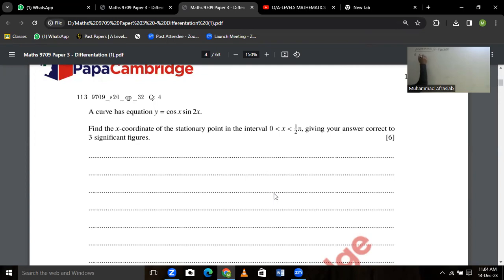Y equal to cos of x into sine of 2x, and we are going to find out the stationary point in the interval from 0 to pi by 2.